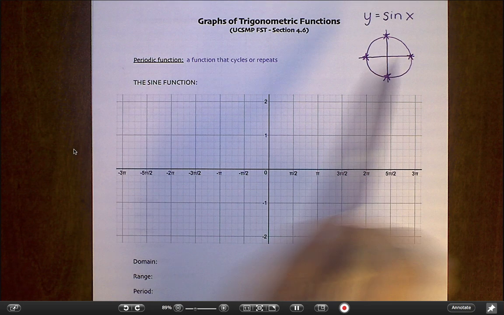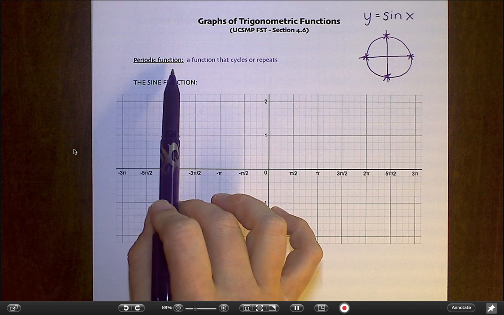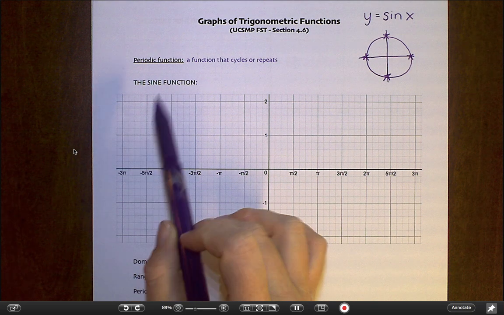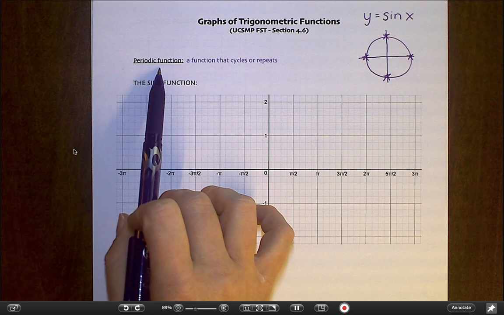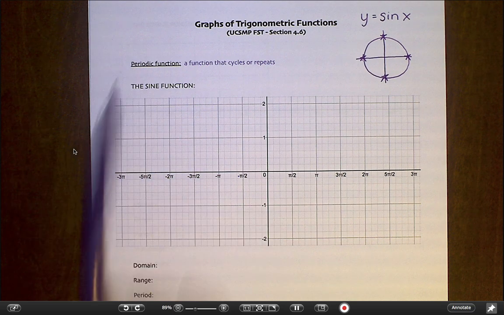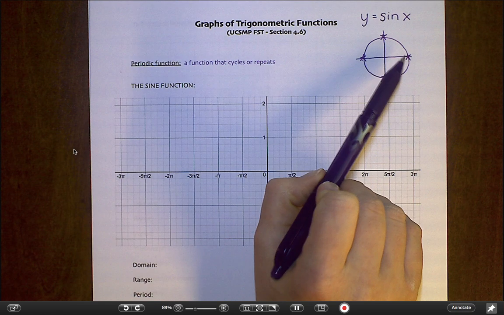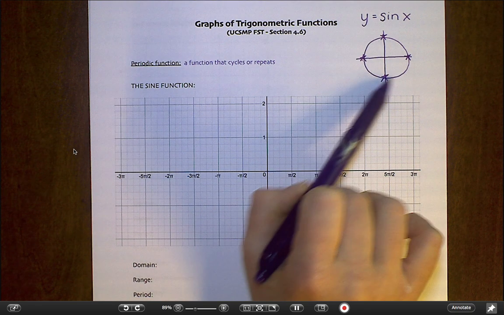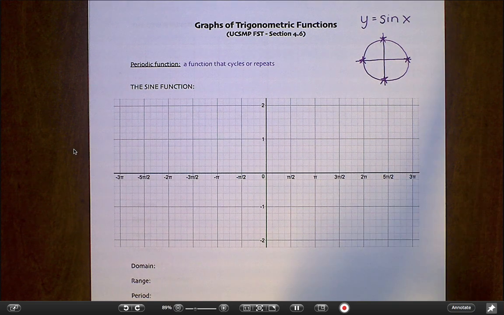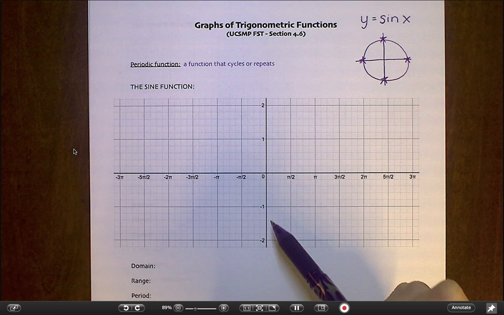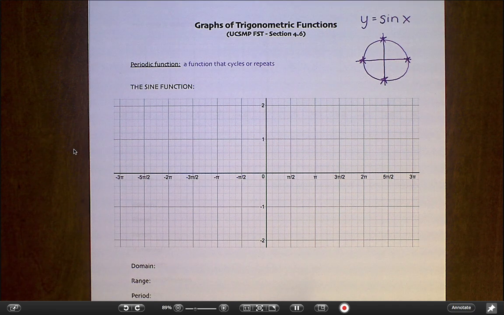Okay, so to back up a second, the sine, cosine, and tangent functions, really all trig functions, are what we call periodic functions. Periodic means that they cycle or they repeat. You probably have an idea of that just from the fact that we can go around the unit circle over and over again, but you'll see in the function what we mean by a periodic, repeating, cycling function.